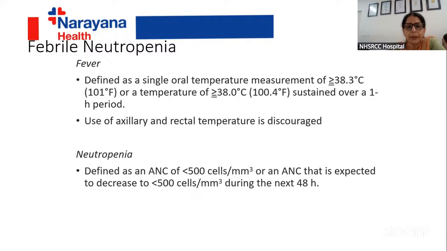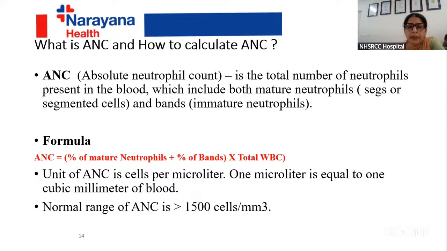When we talk of neutropenia, the absolute neutrophil count should be less than 500 cells, or it should be expected to decrease in the next 48 hours to less than 500 cells per cubic millimeter. Now, how do we calculate absolute neutrophil count? It's the amount of neutrophils present in the blood, which includes both the mature and the immature ones. The mature neutrophils are the segmented cells, and the bands are the immature neutrophils.